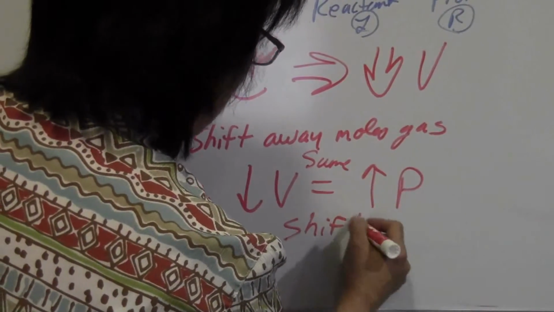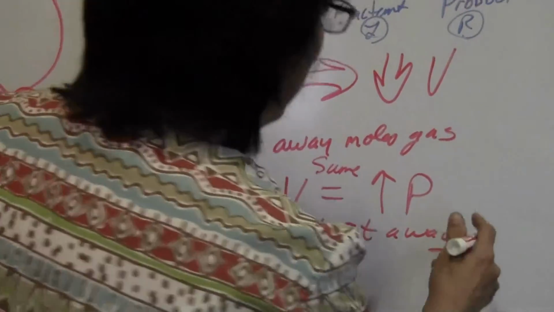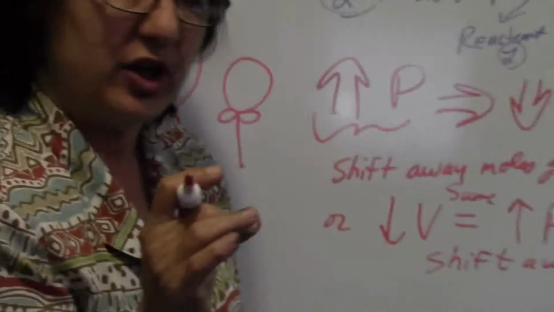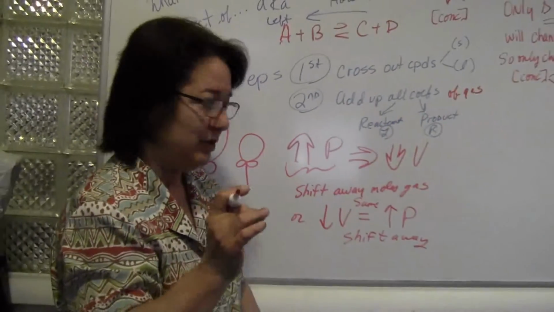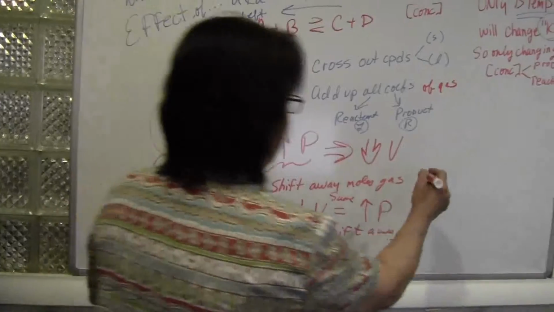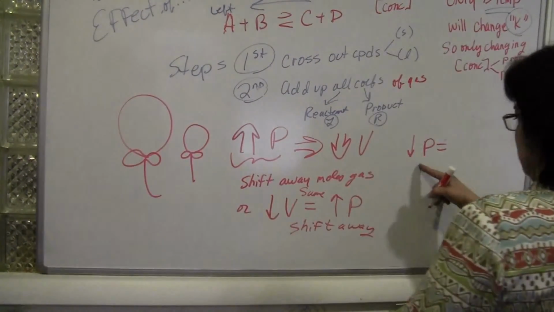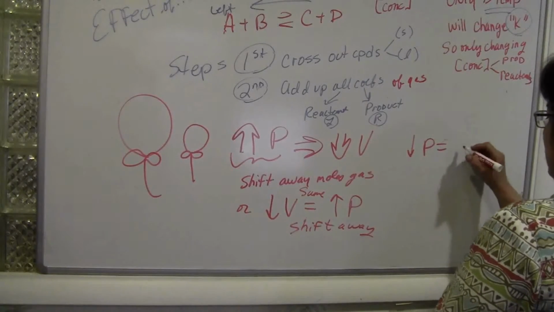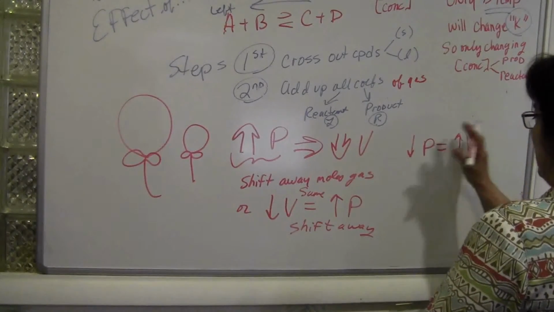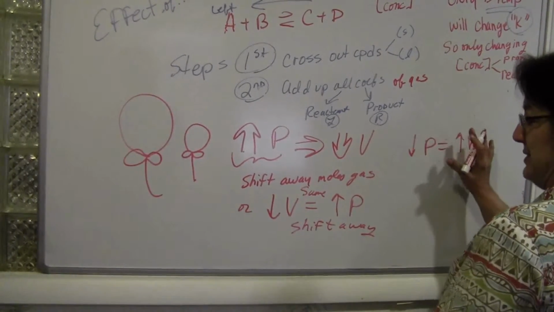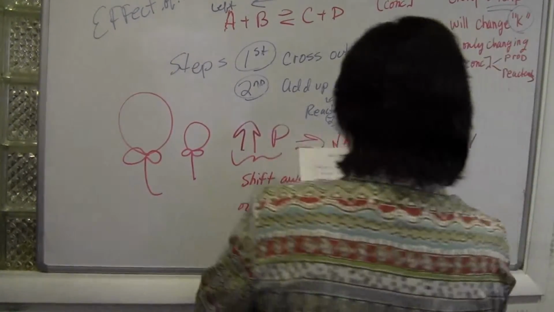So you shift away. Memorize one set of rules. You can always vice versa them if you need it. For example, if you decrease the pressure, it's the same thing as increasing the volume. Okay, you can do the complete opposite to figure out the shifts.